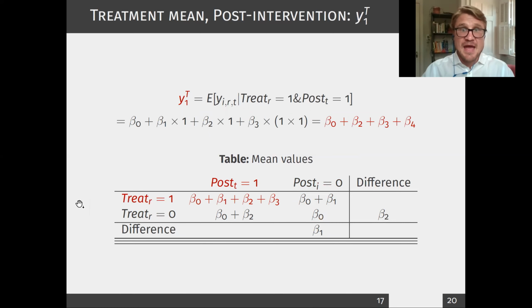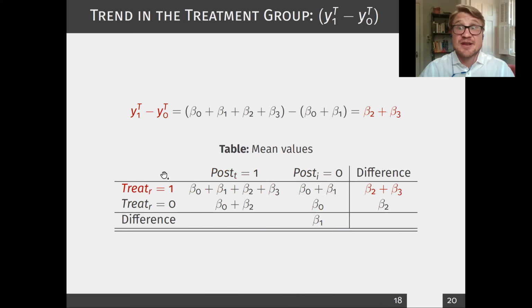Great. And now we can also calculate the trend in the treated group. The trend in the treatment group is you just subtract the pre from the post period for the treated group. You just look at the average for this treated group in the post period and the average in the pre period, and subtract those two from each other.